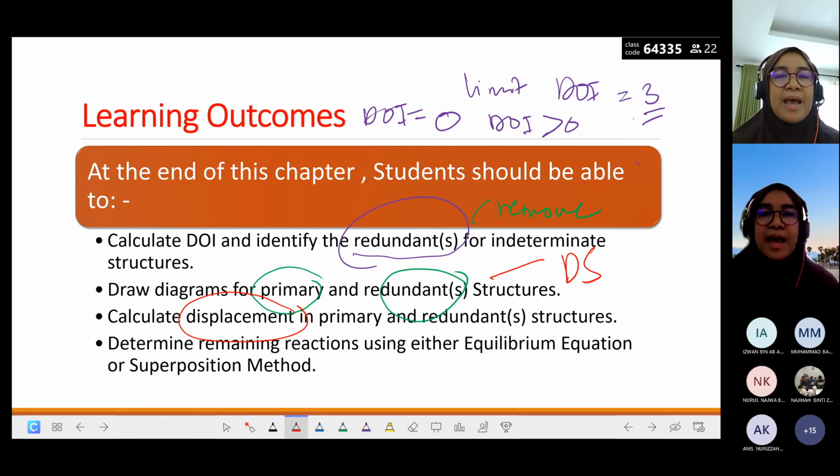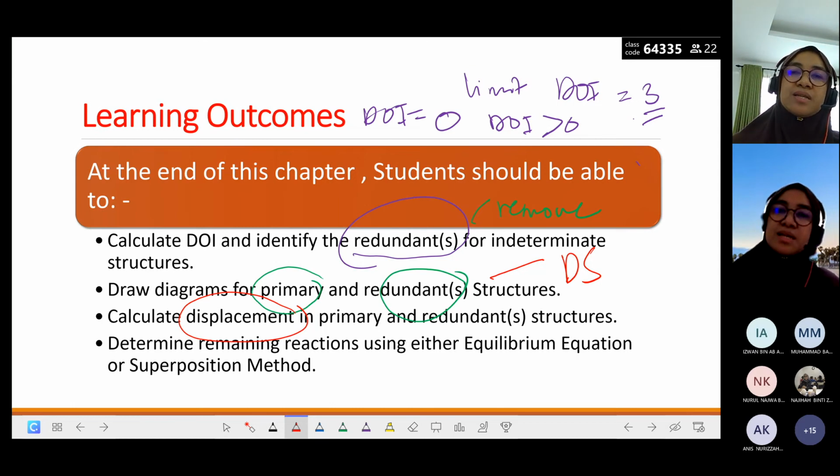Along the way, starting from solid mechanics as well as determinate structure, what have you learned? The summary of what you have learned is actually analysis of determinate structure.